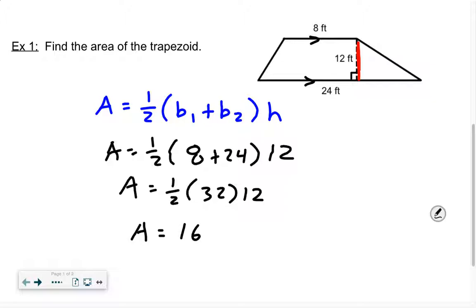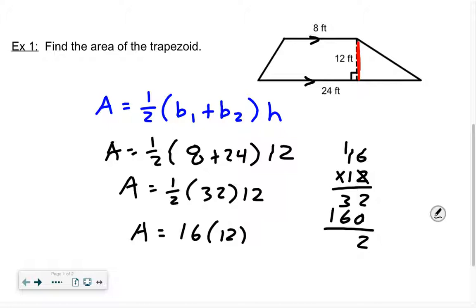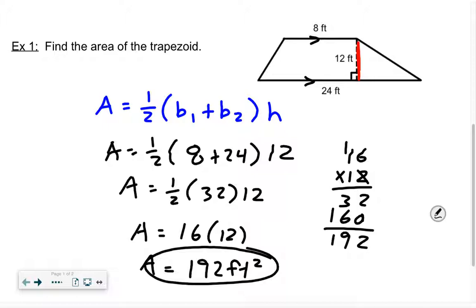Half of 32 is 16, and 16 times 12, we come up with 192. Feet is our label, our units, and it's area, therefore feet squared.